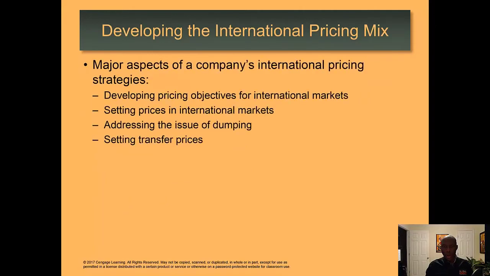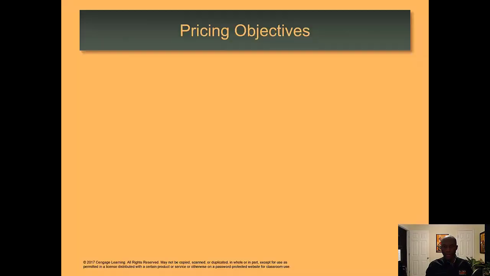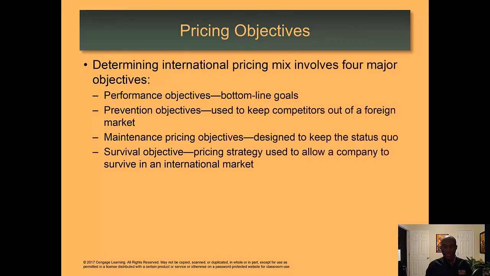I'm going to begin to wind down. We talk about pricing objectives. Of course, we have to look at the bottom line. That's why you're over there, right? You're over there to make a profit. You're there to provide a product. You're there to provide a service. And you will look at these in the supply chain.